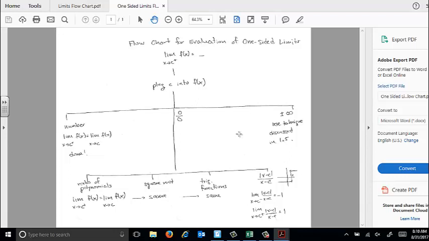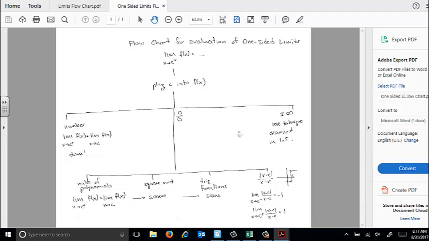Okay, back to one-sided limits. First you plug the number in. So one choice is you get an answer. There you're done. If you get an indeterminate result, then you just use the same techniques as you would for the two-sided limits. The only difference is if you get infinity.